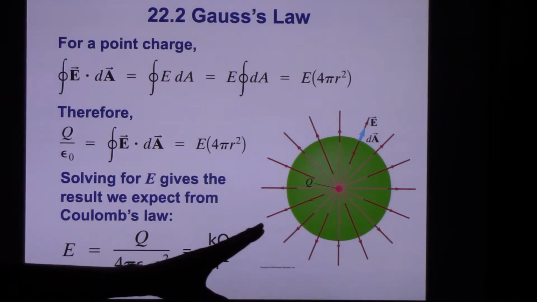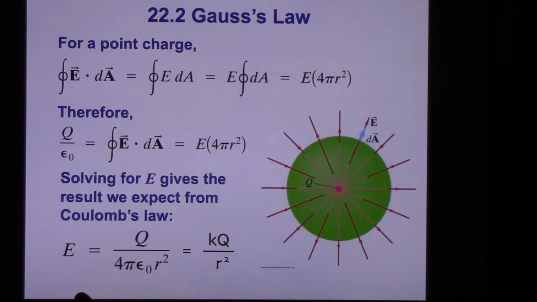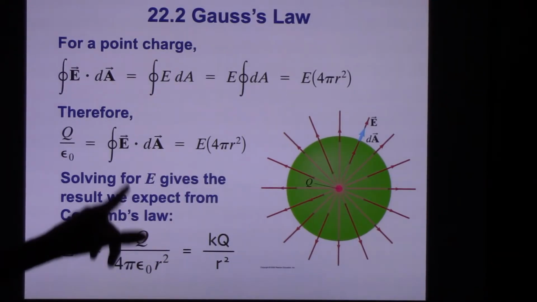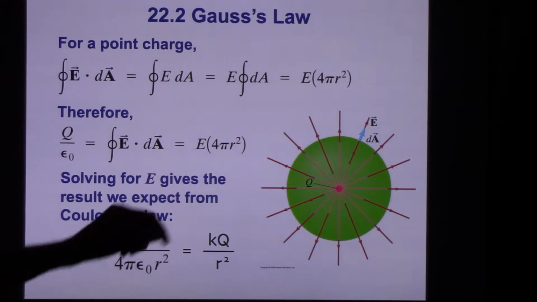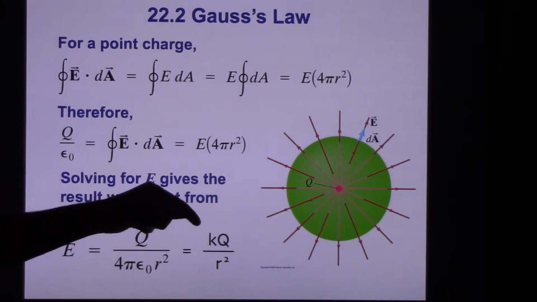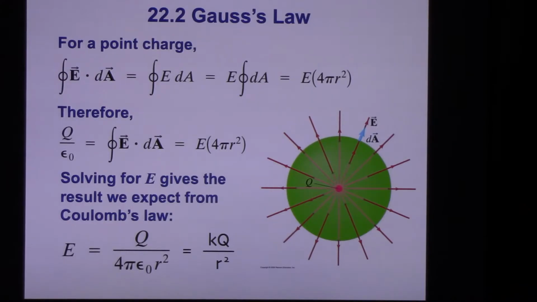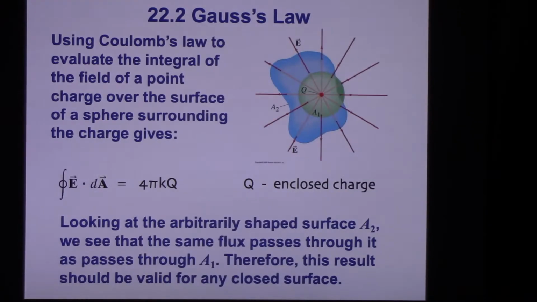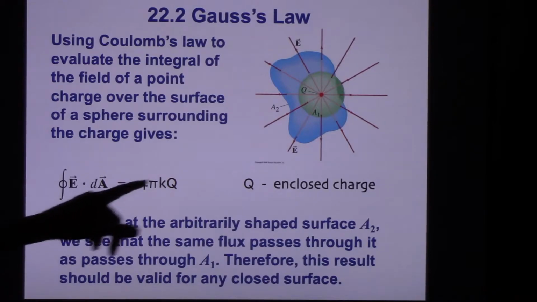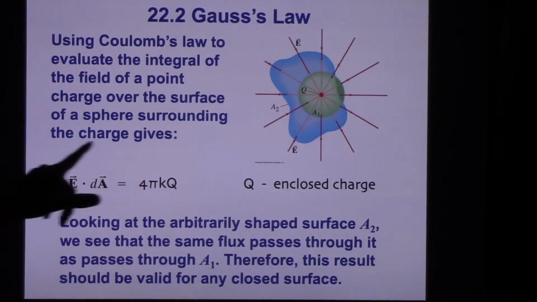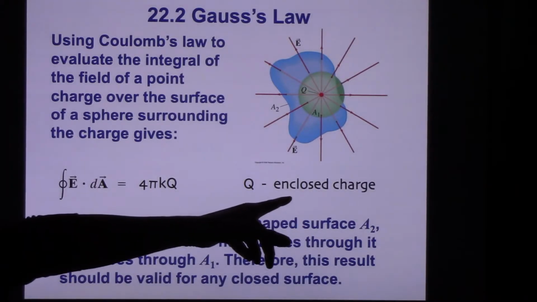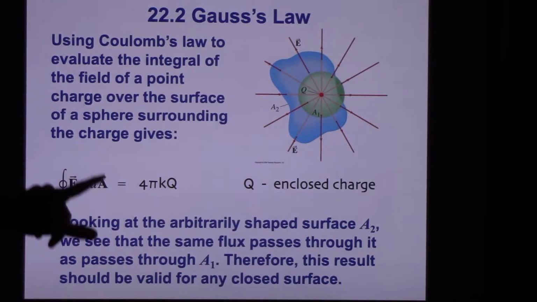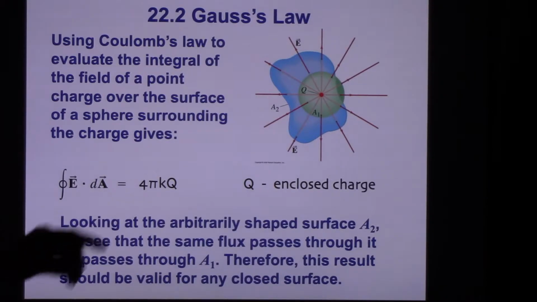Anytime we have a spherical charge distribution, we can show, using Gauss's law, that the electric field from that distribution is given by kq over r squared, where q is the total amount of charge in that distribution. Again, this is officially Gauss's law: the total electric flux leaving a surface that encloses a charge has to be equal to 4 pi k times q.